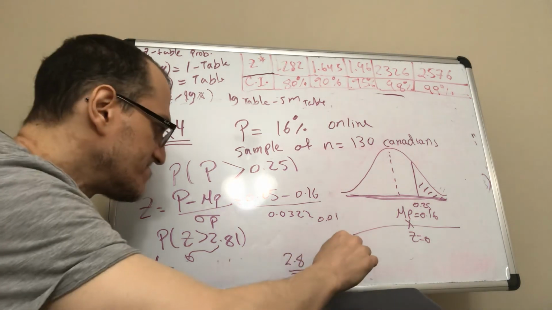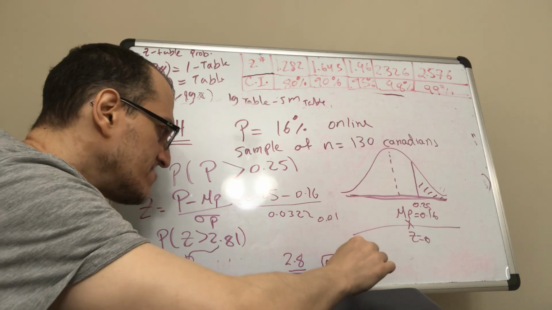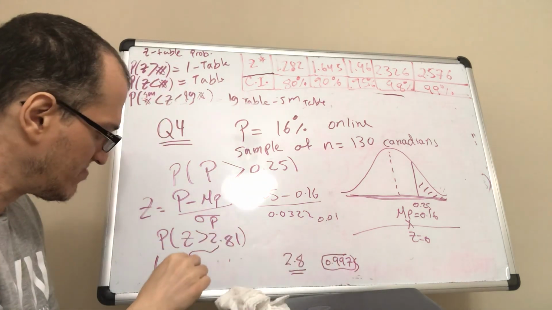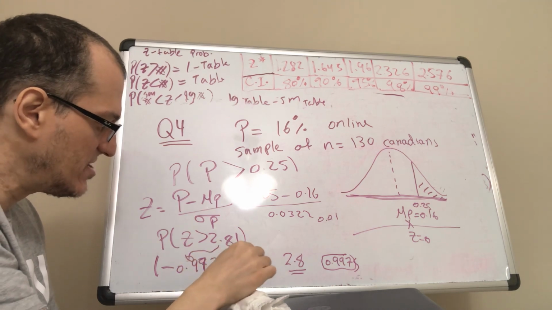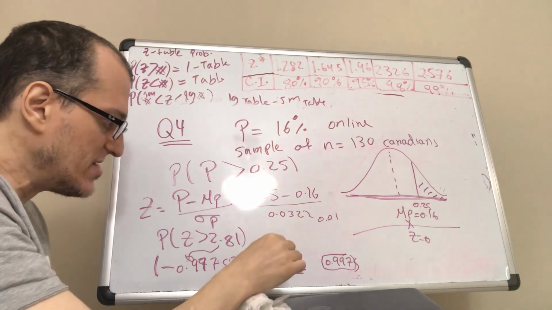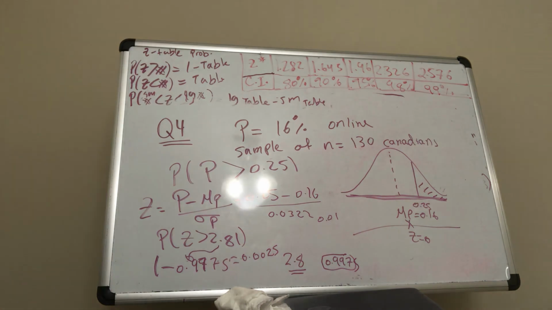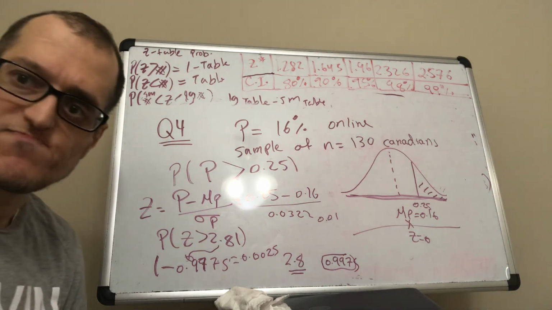That's 0.9975. So you're 1 minus 0.9975, and that will be 0.0025. That's it for question 4, I believe. And we go to question 5. But before question 5, I'm going to stop the video, and that will be in part 3.